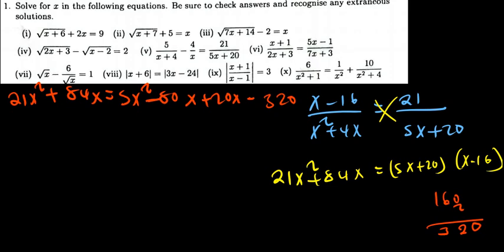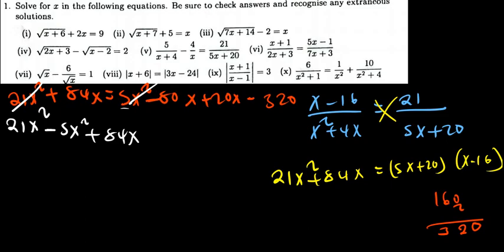So I'll say 21x squared. Since this is squared, I'm going to say minus 5x squared, meaning that I'm done with that. Plus 84x. I'm going to shift the 1, so now I can add these two, which is 81. It should be negative 60, because you have negative 80 plus 20.